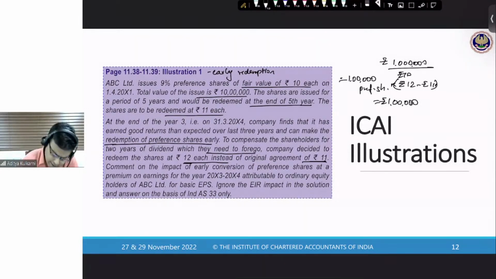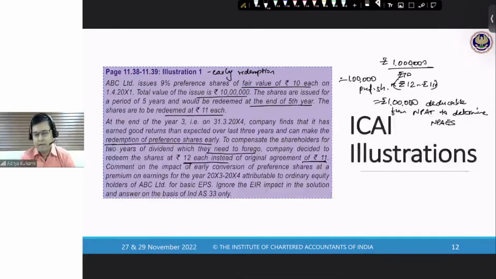So 1 lakh is deductible from net profit after tax to determine net profit attributable to equity shareholders. Originally, where would this amount go?